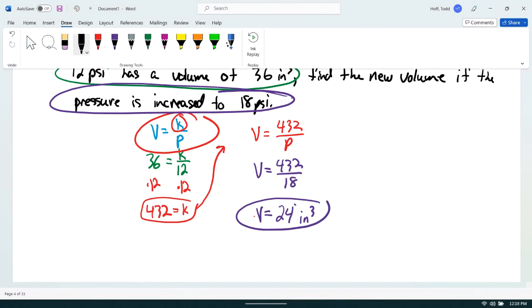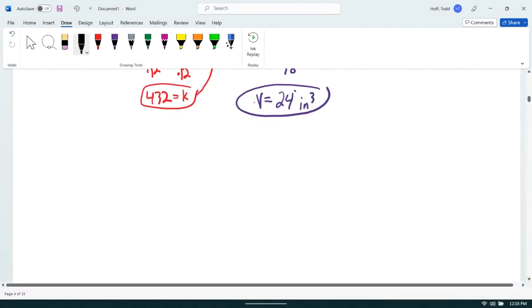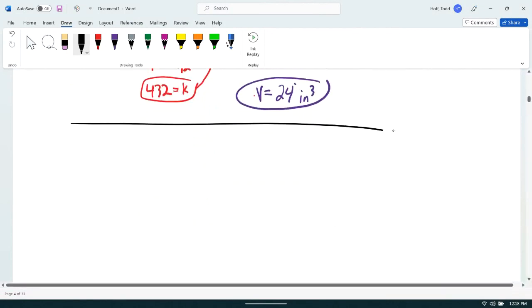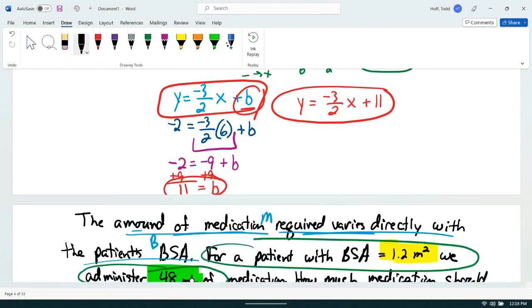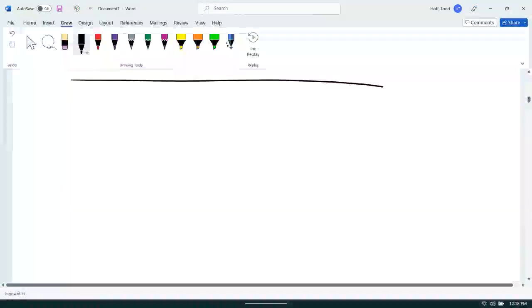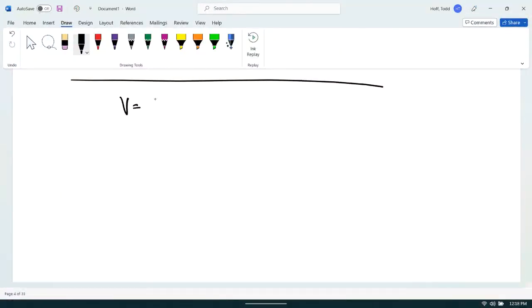Now, one thing to note when we're dealing with inverse variation, we could have, let's say, same situation. So we get that formula, the volume equals 432 divided by the pressure.